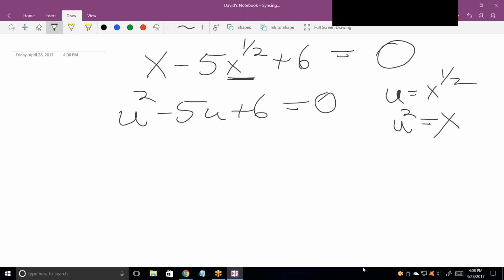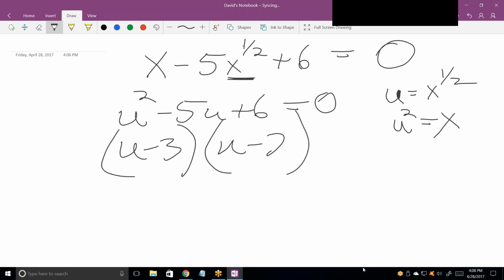Now it looks very much like a regular quadratic. You would factor it into u minus 3, u minus 2 equals 0. So you get u equal 3, u equal 2. And remember, u was square root of x.